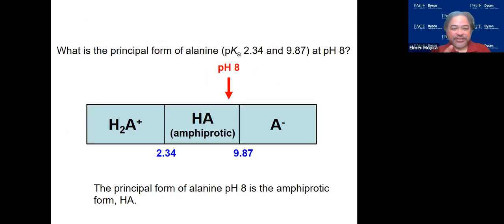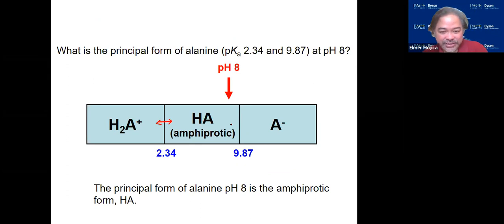Okay? So for instance here, alanine. What is the principal form of alanine at pH 8? What is your answer? If you're going to map them, you have 2.34. That's the pH where you have equal amounts of HA and H2A.